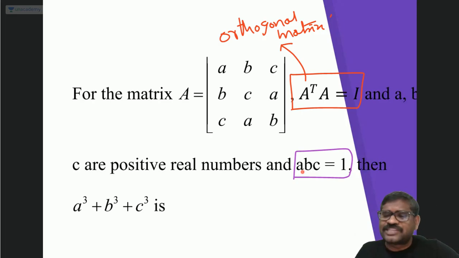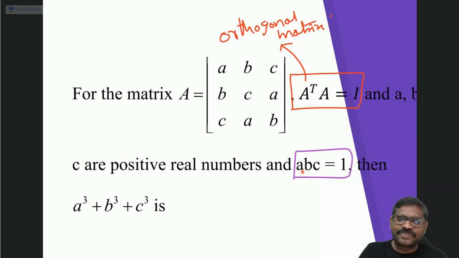A plus B plus C whole square is A square plus B square plus C square plus 2AB plus 2BC plus 2CA. If A plus B plus C equal to 0, A cube plus B cube plus C cube is 3ABC. All these formulas you have to recall to solve this problem. Okay. I am explaining one by one.